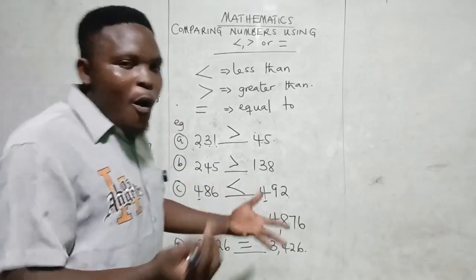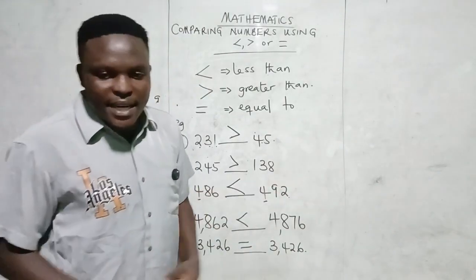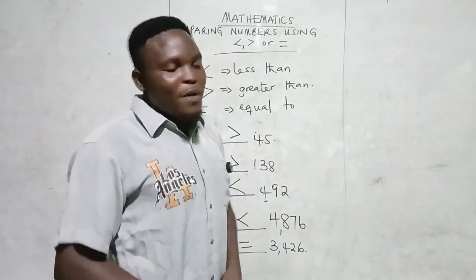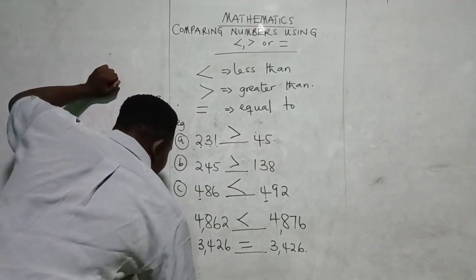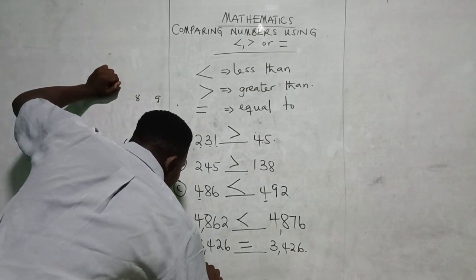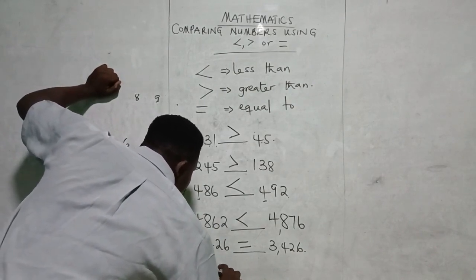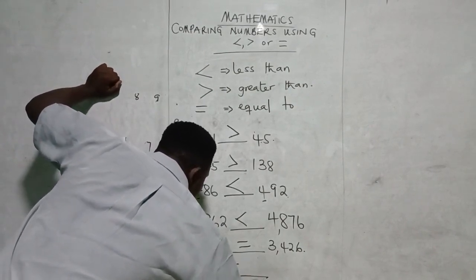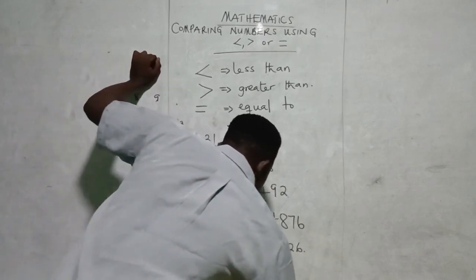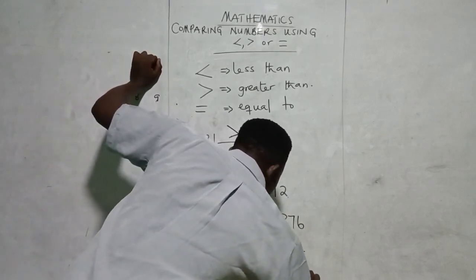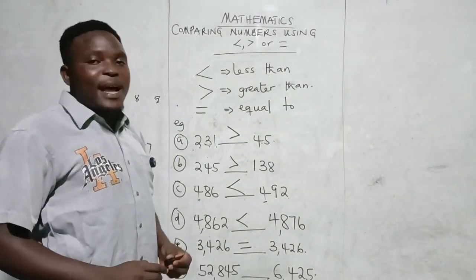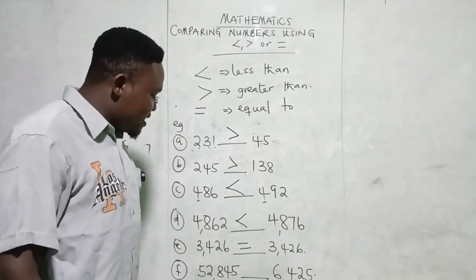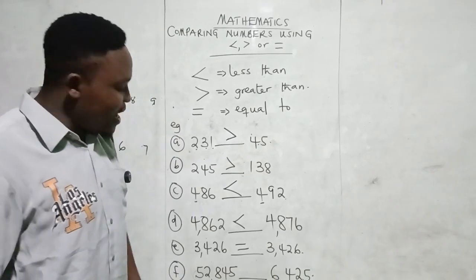Now, someone will ask, what will happen if I skip any of the rules? Now, let's look at what is going to happen. Example F. Let's look at 552,845 and 6,425. Let's say that someone first did not count the number of digits, and the person starts comparing their first numbers.